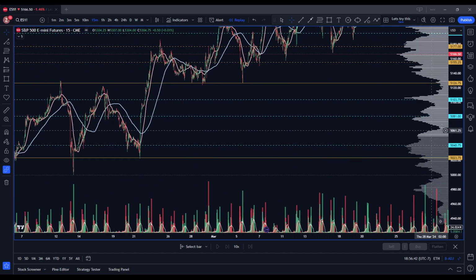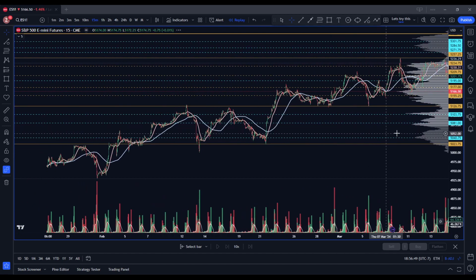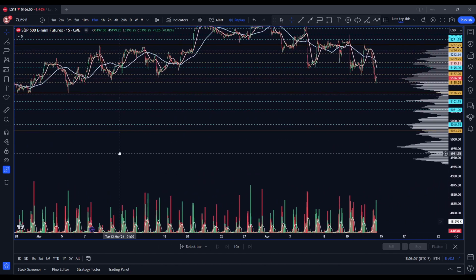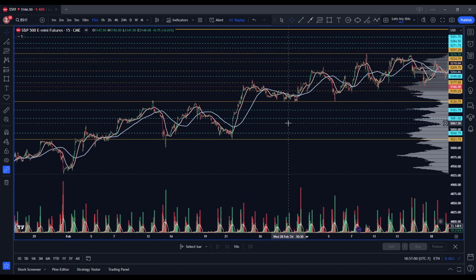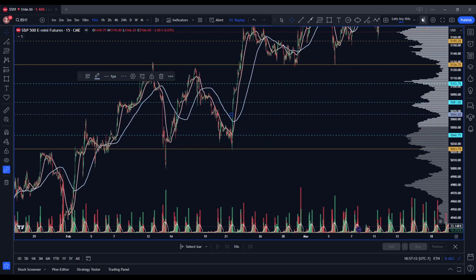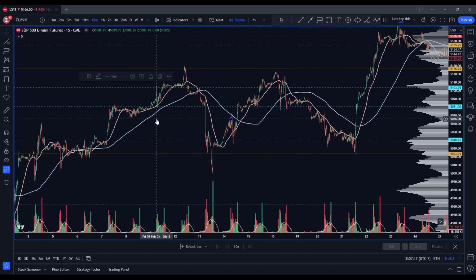Okay. I think we're set. So let's see. This one might be a level here. Right here. Yeah. This one right here. I'm going to change this to the 15-minute, and adjust it a little bit.